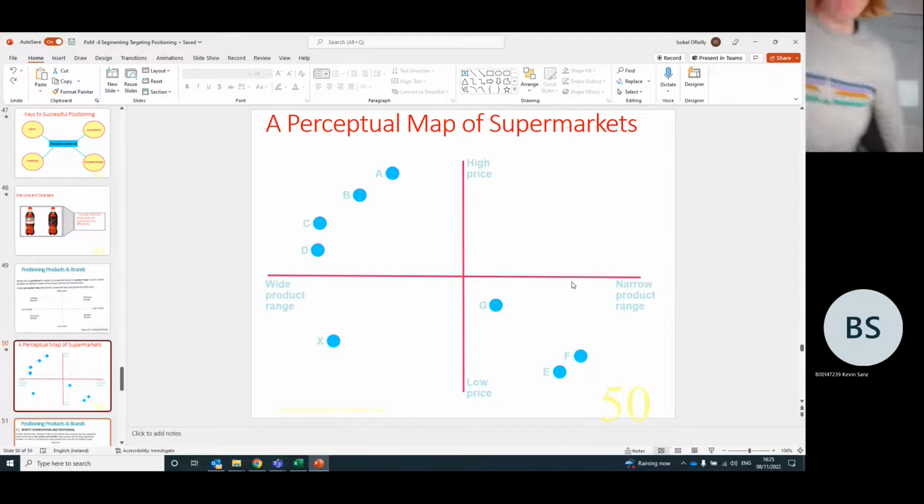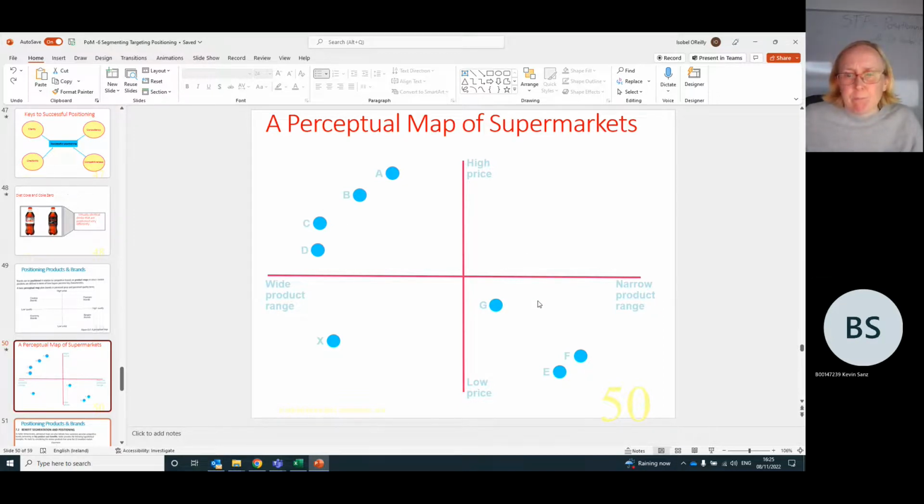So we assess the market. We look at what supermarket companies or chains are operating in this country X, and we see that we've got companies A, B, C, and D, all roughly speaking in the high price range, just above mid range, but they have a wide product range, so they would have some kind of popularity.